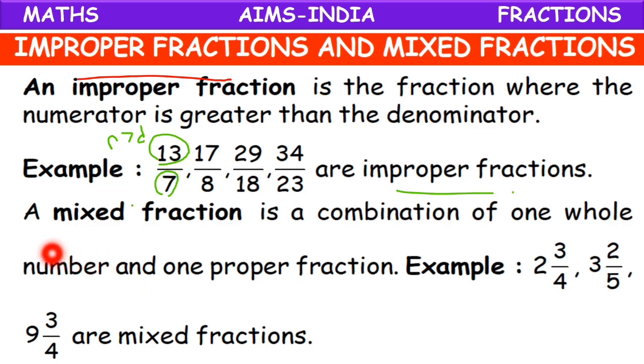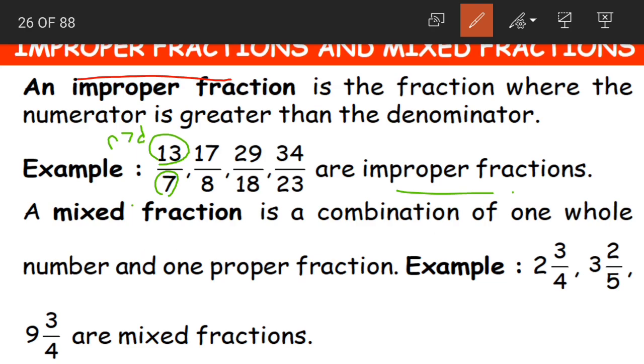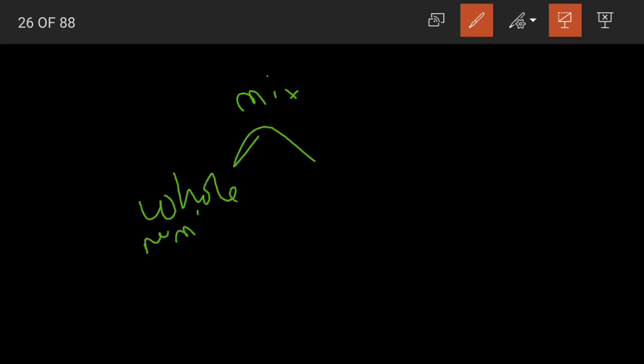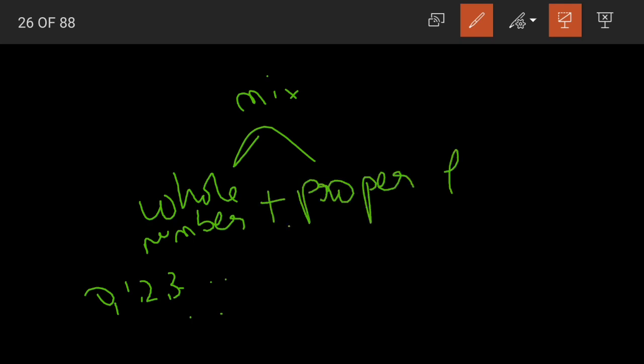So in a mixed fraction, we have a combination of a whole number and also a proper fraction. Mixed fraction is a combination of a whole number, and whole numbers start from 0, 1, 2, 3, 4 and so on, plus a proper fraction.